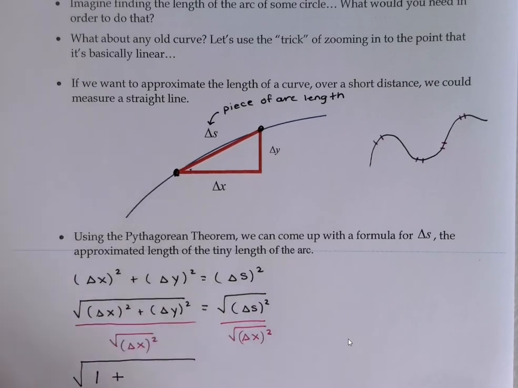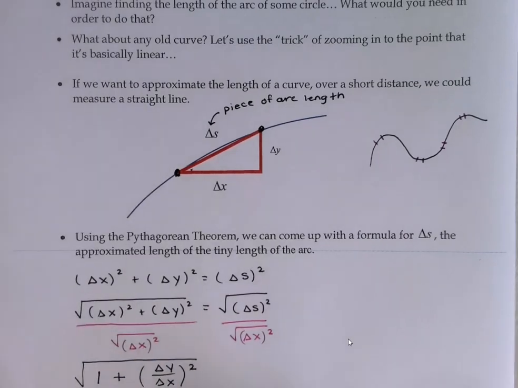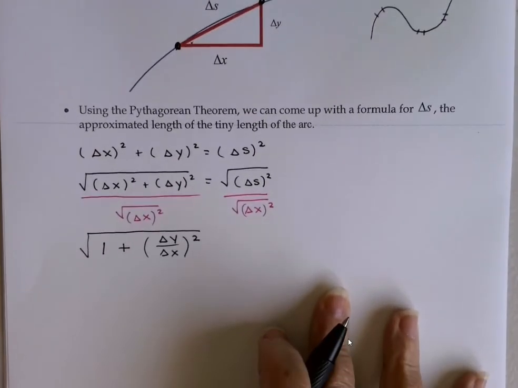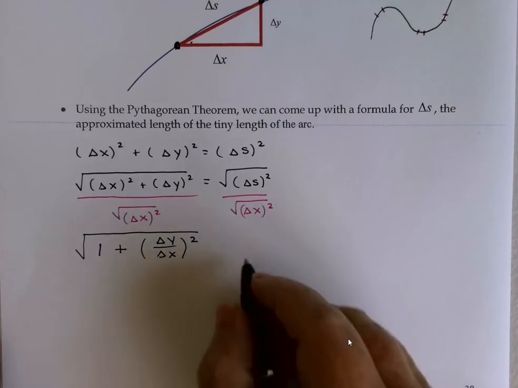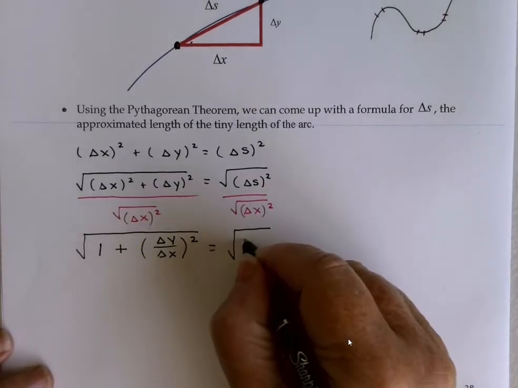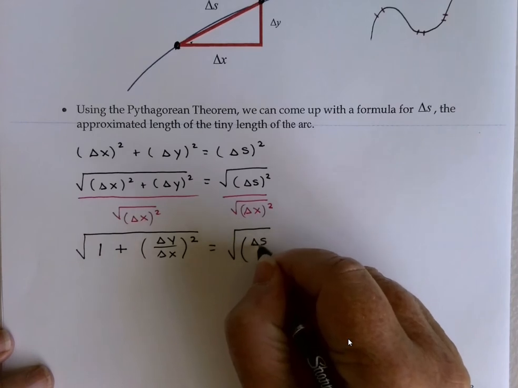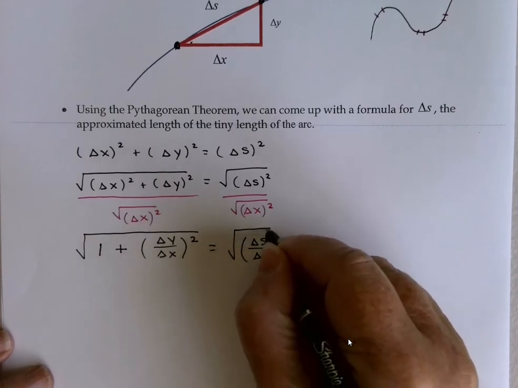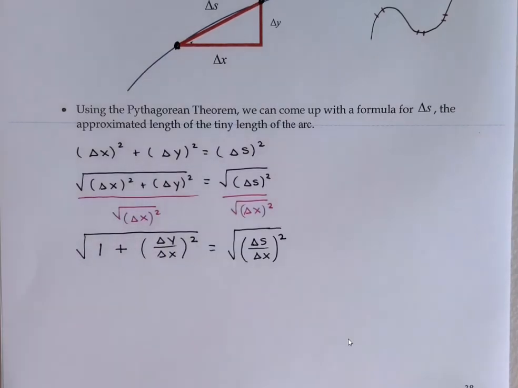And then I'd have delta y squared over delta x squared, or delta y over delta x, squared. Right-hand side, I'm just going to leave it the way it is, other than combining it into a single radical: delta s over delta x, squared.